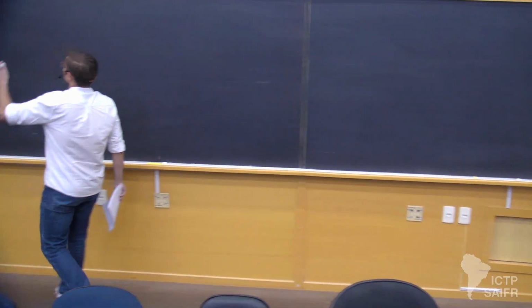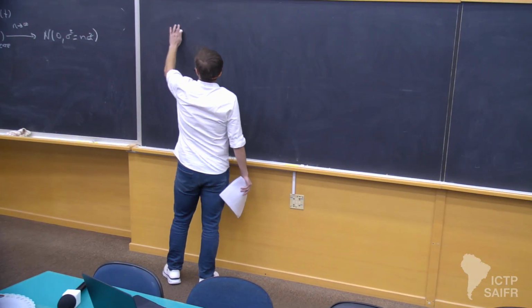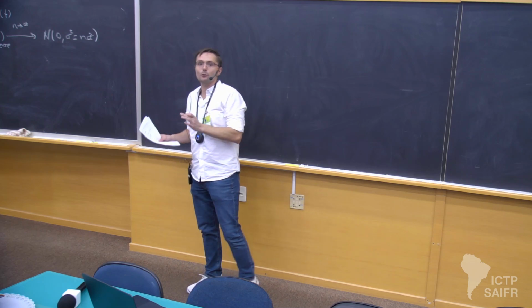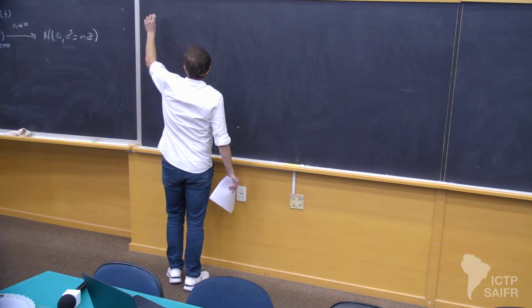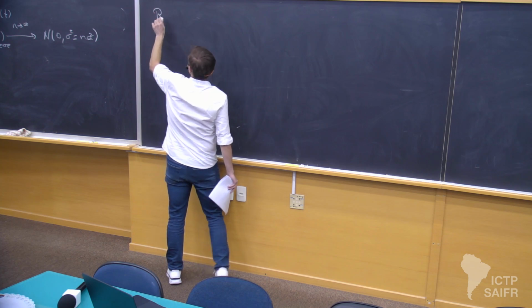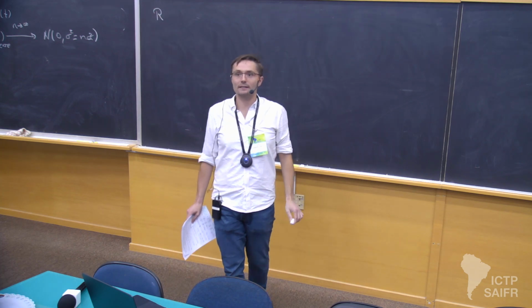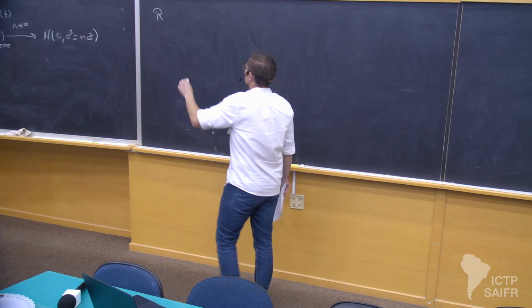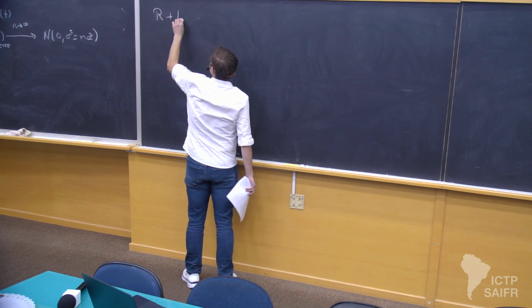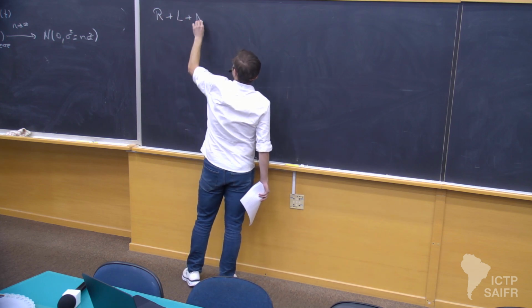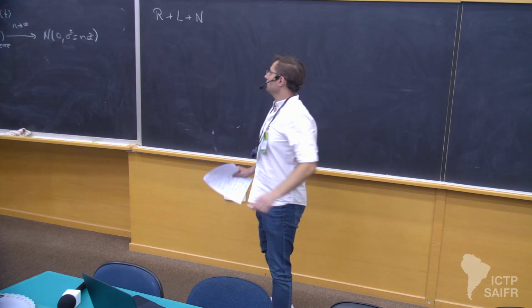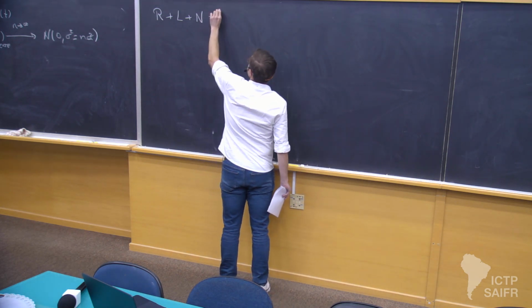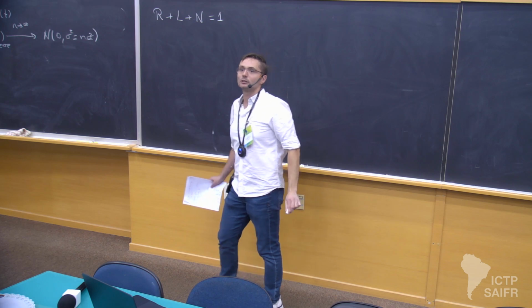To do that, instead of assuming that I can go to the right or to the left with probability 1/2, I'm going to be a little bit more flexible. I'm going to define a probability of jumping to the right that is R, to the left is L, and then a probability of not moving at all that I'm going to call N. And of course, the sum of these three quantities has to be equal to 1.